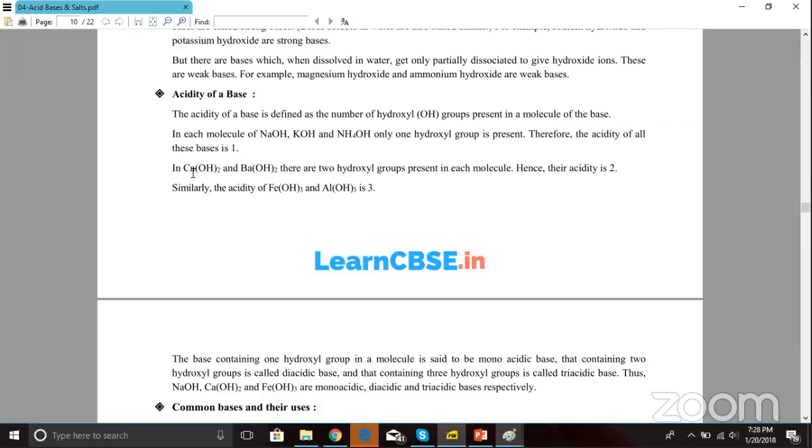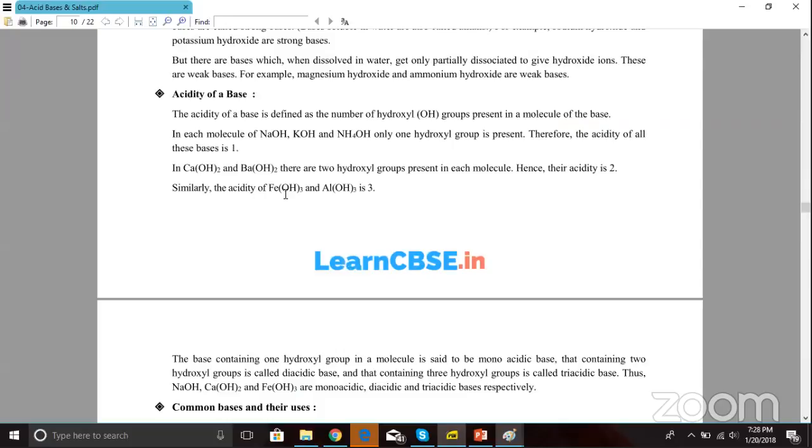But in the case of calcium hydroxide and barium hydroxide, two hydroxyl groups are present in one molecule, so it can neutralize 2 H+. So the acidity is 2.